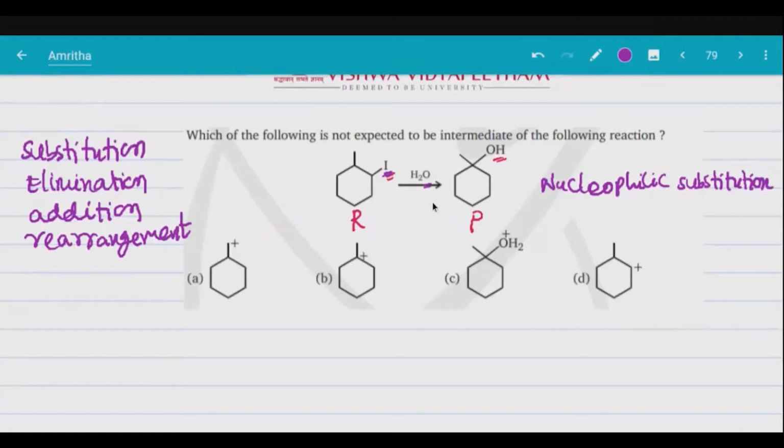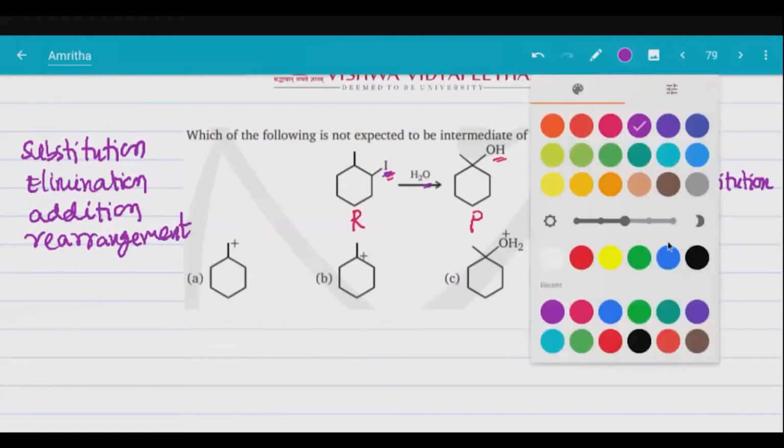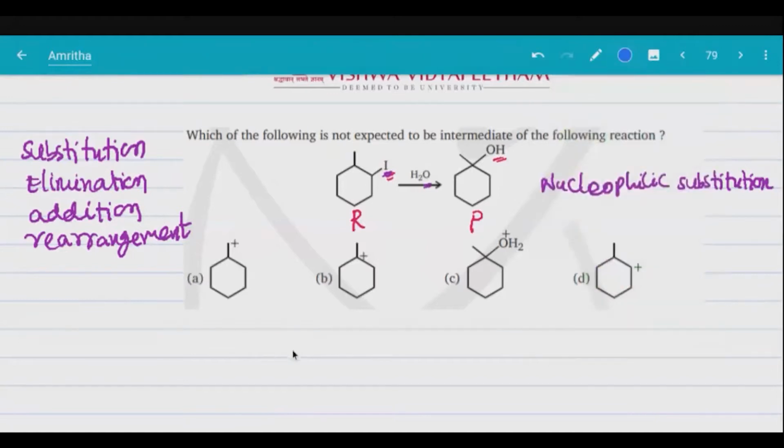Iodine is replaced with water. Now see this carefully. It is water and alcohol. In most cases you can directly write substitution nucleophilic. This is called the SN1 reaction.